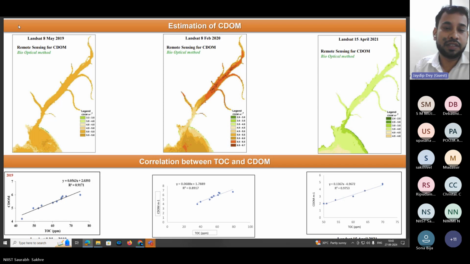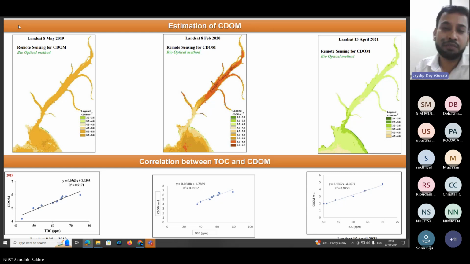So this is the result for colored dissolved organic matter in Mallard Creek for three different times. You can see the difference now. There was high reflectance for temperature and turbidity when we were going to the inner portion of the creek and adjoining drains and creeklets. But here, in some portions, reflectance is very low. In the middle portion of the creek, reflectance is high, but in general it should be very high in the inner portion of the creeks also.